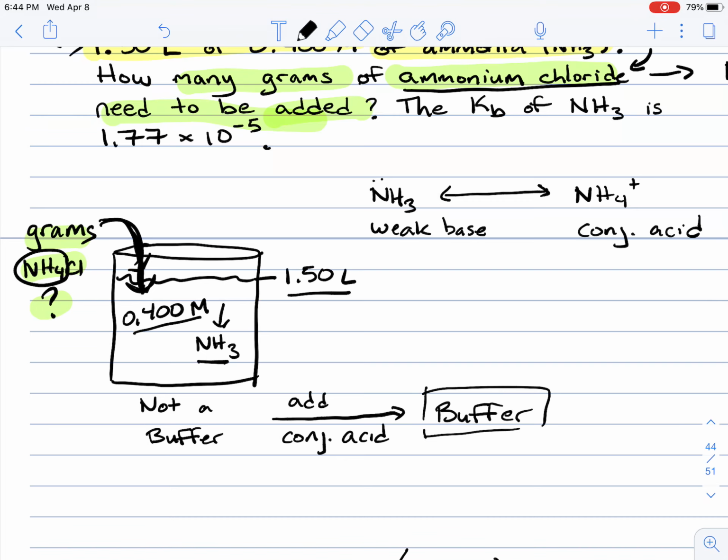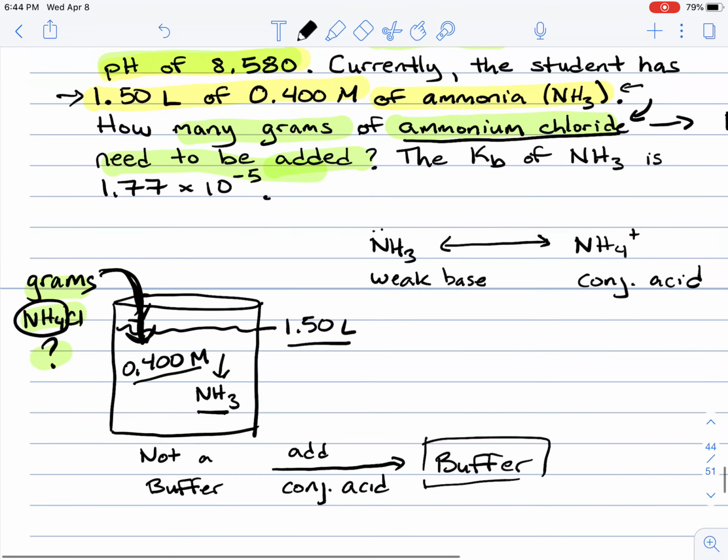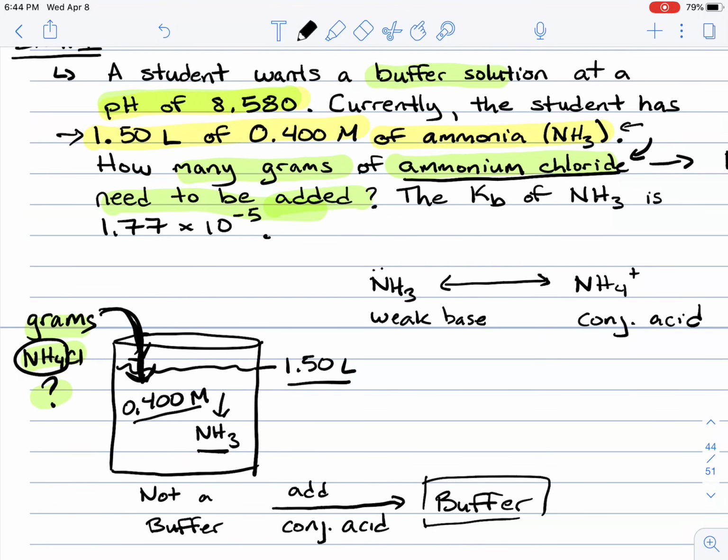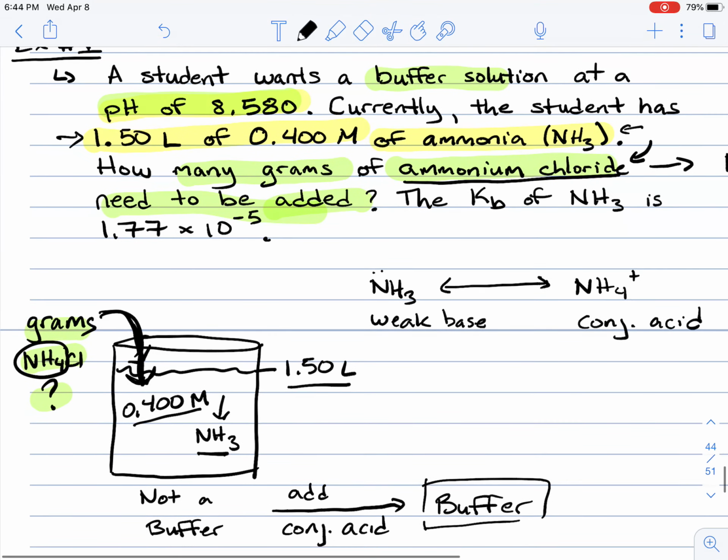So how do we calculate this? How do we quantify the mass of ammonium chloride that we need to add? Do we just take a scoop and hope for the best? Or is there a more exact method to determine this value?